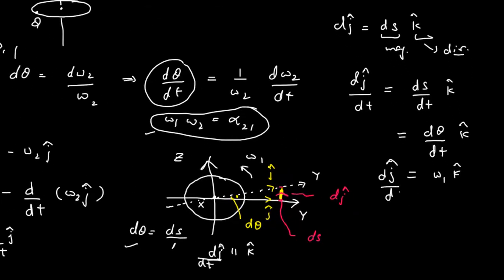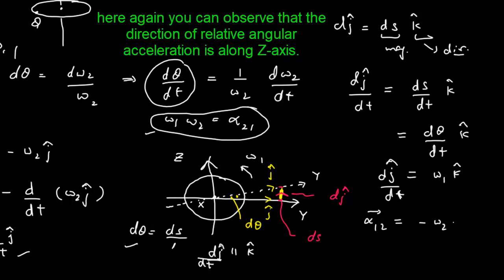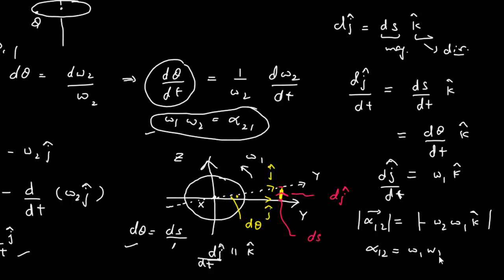Now you can substitute this value of dj by dt here in this result. So we will get alpha 1 2 vector is equal to minus omega 2 omega 1 k cap, and taking the modulus on both sides we can write alpha 1 2 is equal to omega 1 omega 2, and we get the same result.